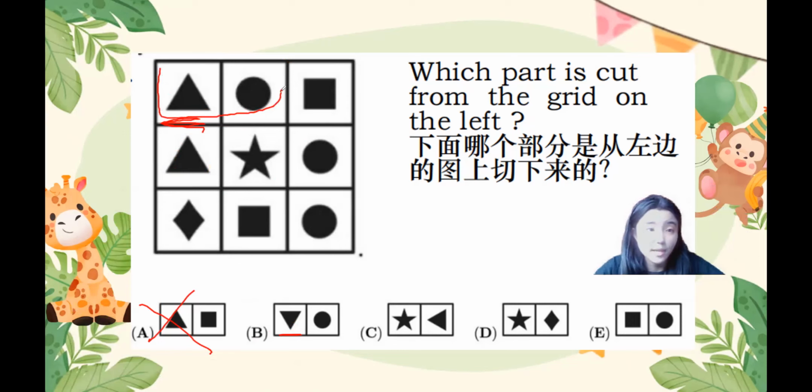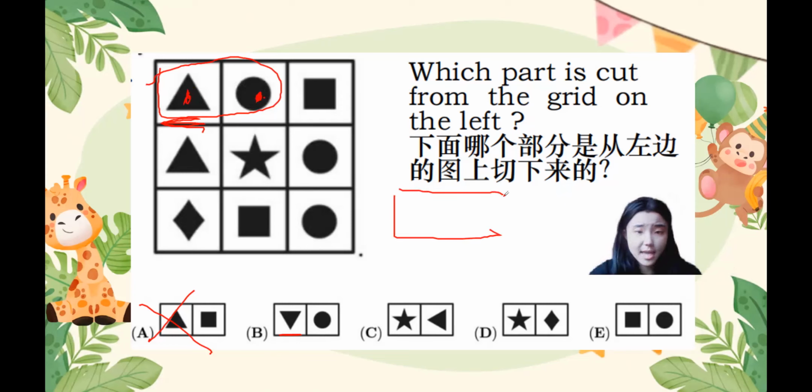Even if it's with a circle, the circle is left, the triangle is right; or the circle is right, the triangle is left. But if it's turned upside down, the triangle will be on the right, and the circle will be at the left. So still not for B.